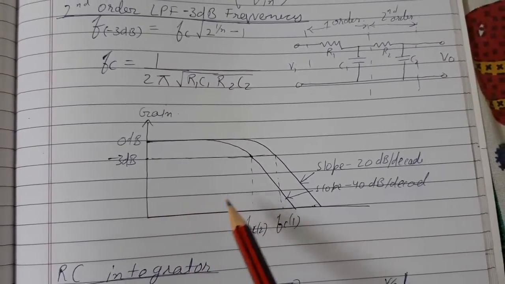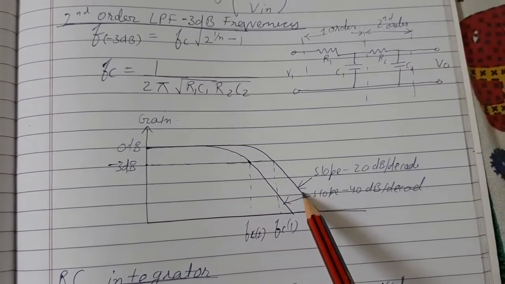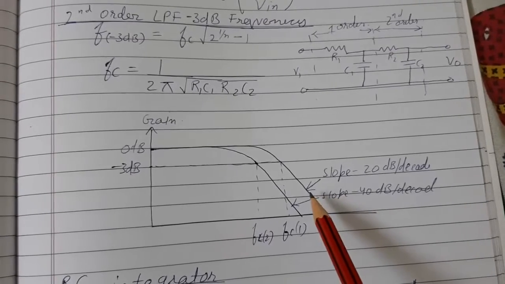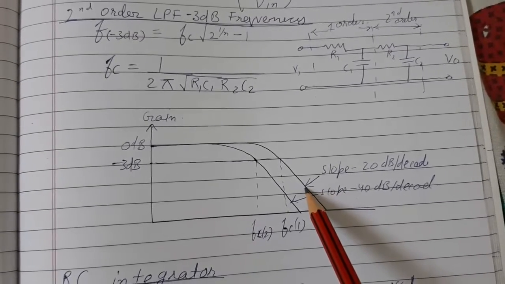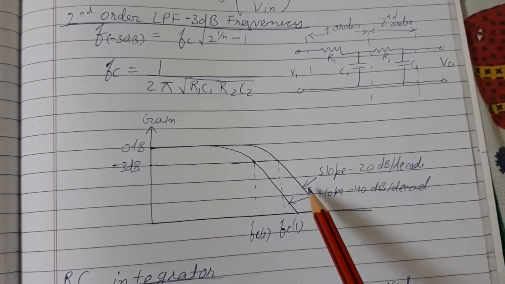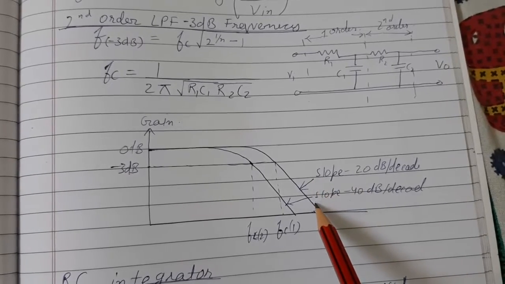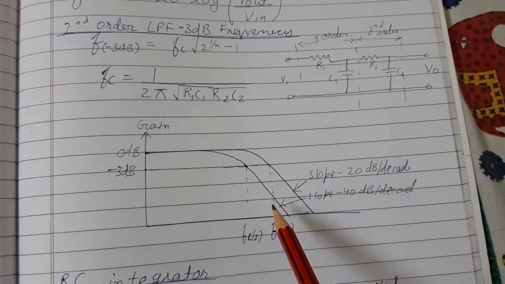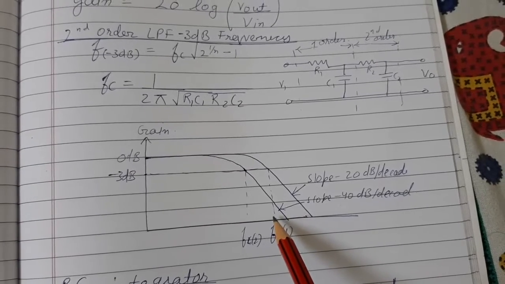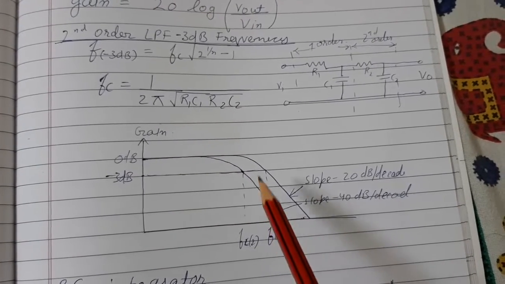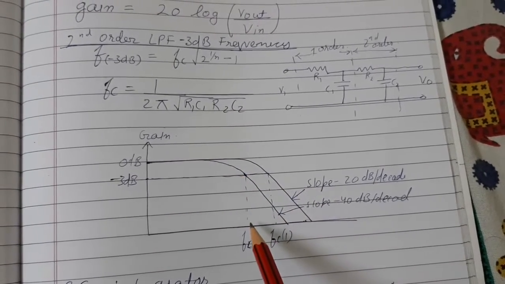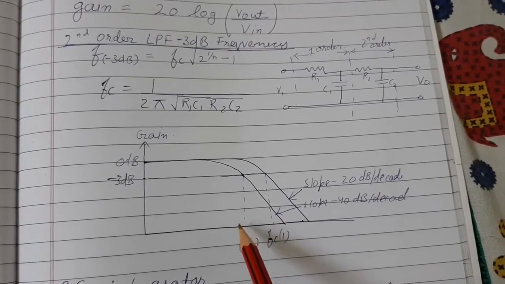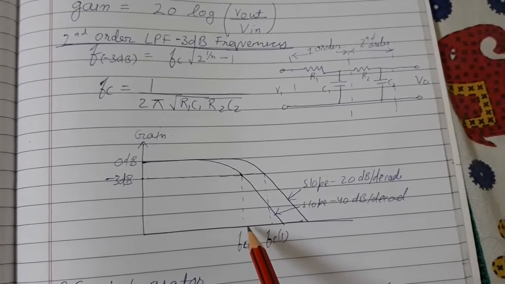By introducing the second order into our circuit, our slope increases from minus 20 dB to minus 40 dB and gets closer to the ideal response, but our cutoff frequency is shifted to a lower point.